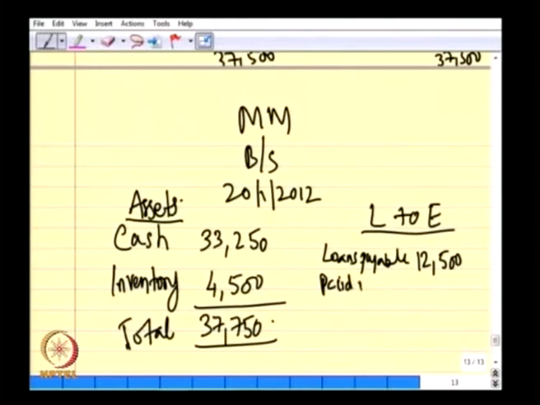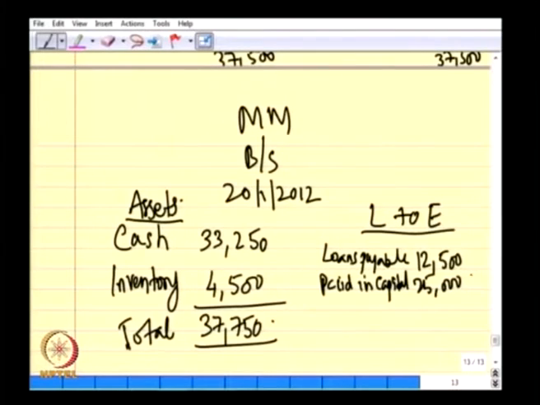My paid in capital also does not change. What is the paid in capital? It remains as 25,000.